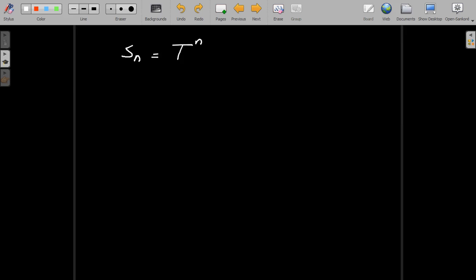So if I had T, it would be T to the 10, and then it's just multiplying it by that initial state. So that's a formula that we need to have written down. It's the most important part. And we'll do some practice using those in the next video.